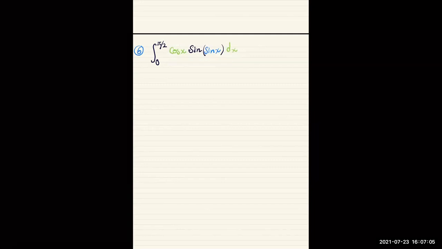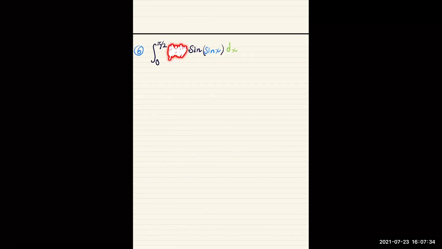So you ask yourself, if I let u equal sine of x, the inner part, is the derivative sitting on the outside? The derivative of sine x is cosine x, and it's sitting right there, so we can do substitution. If we didn't have that cosine of x, then I wouldn't be able to do substitution.